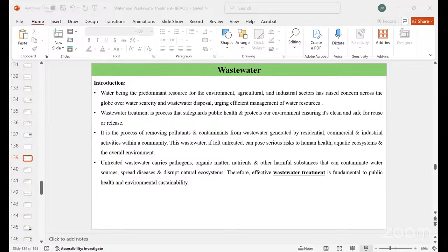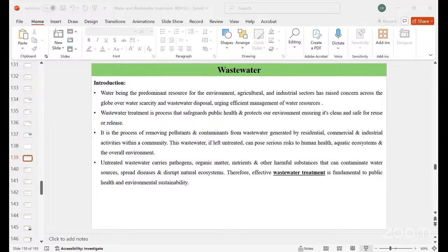Let us look into the characterization of wastewater and degree of treatment. Characterization of wastewater involves analyzing its physical, chemical, and biological properties in order to understand its composition and its potential impact on the environment and public health. This characterization is crucial for determining the appropriate degree of treatment required before the wastewater can be safely discharged or reused. All right.